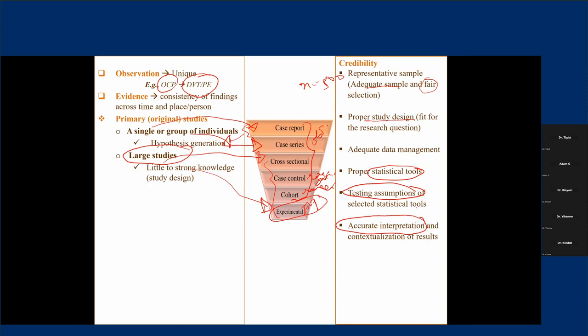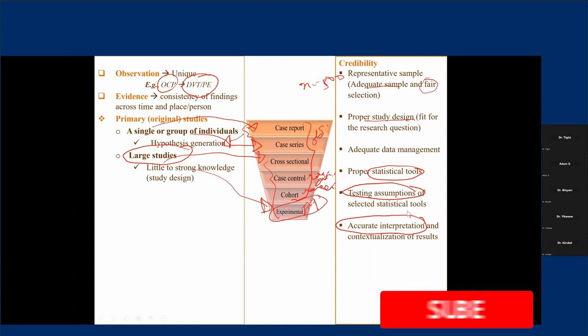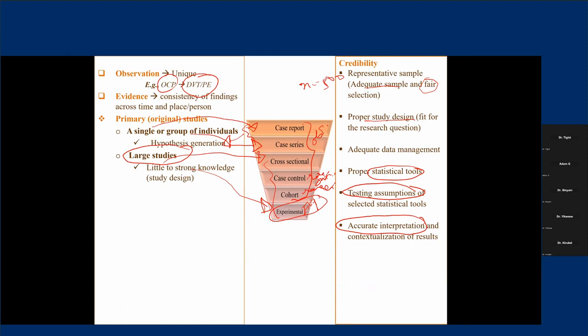We want someone to accurately interpret the results and put it in a way that we can understand because of our limited research exposure due to our curriculum and due to different things. And in addition to that, even patients can read our journals, right? A diabetic patient might be interested in the new developments, and they might open a journal and read about the new research findings in DM.